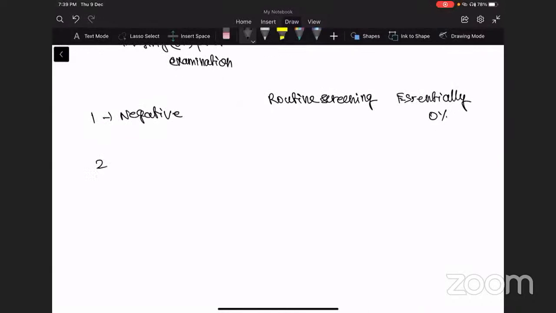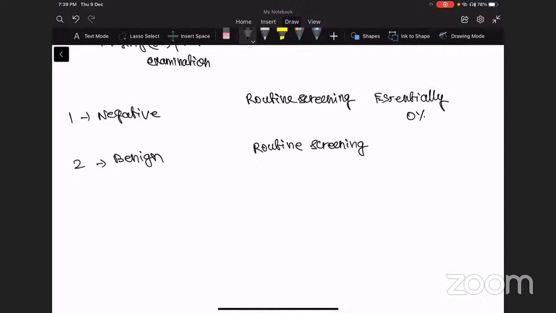Category 2 is benign. Routine screening is the management. Like, for example, if we have adenoma of the breast, it is essentially 0% chance for developing cancer.